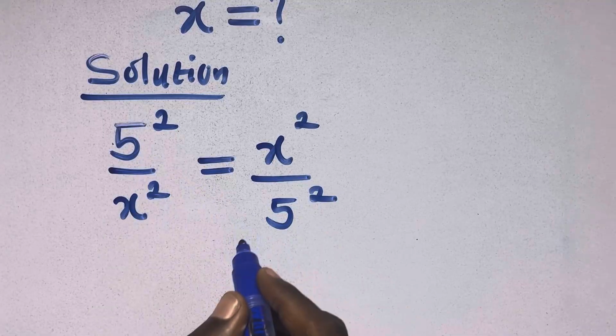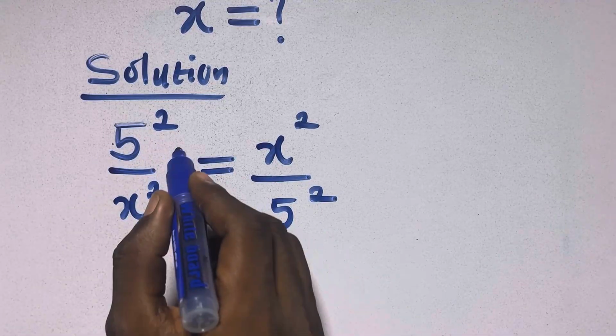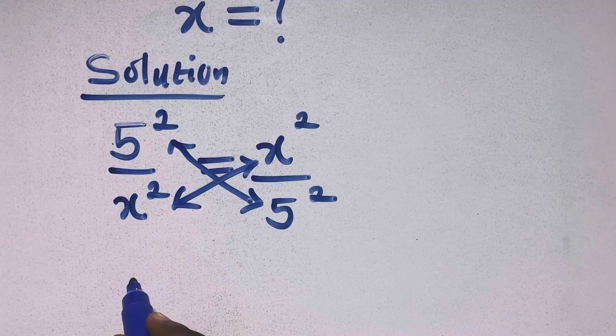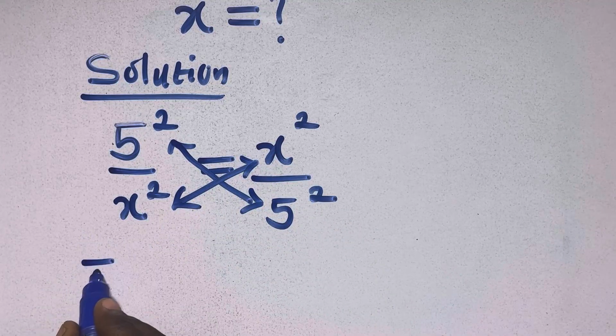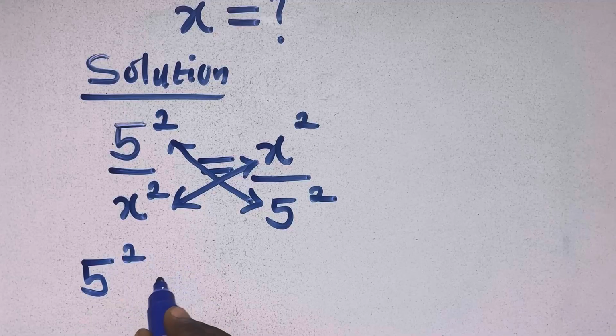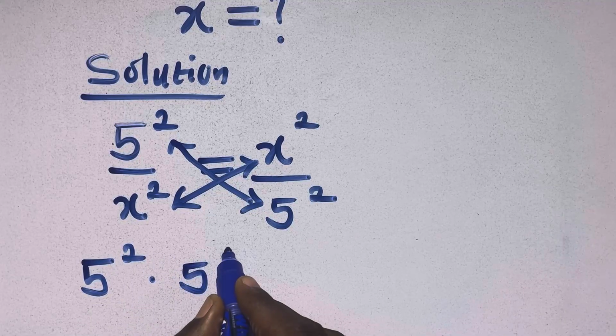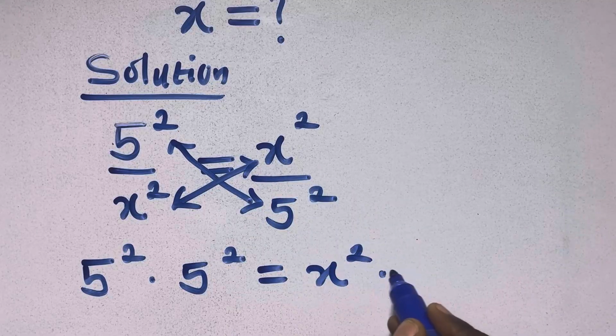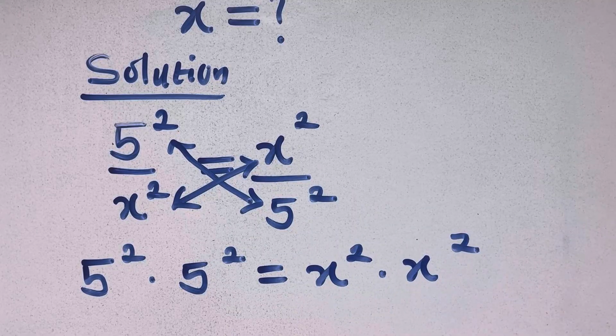From here, it is easy for us to cross multiply now. So we'll have this go to this, and this to this, all right, so we'll have 5 squared multiplied by 5 squared equals x squared multiplied by x squared.